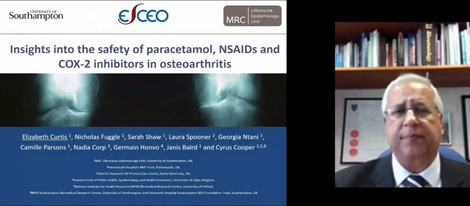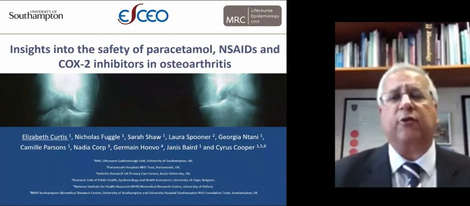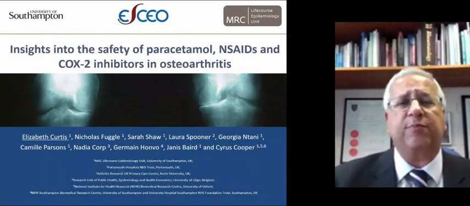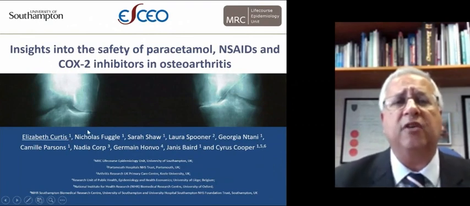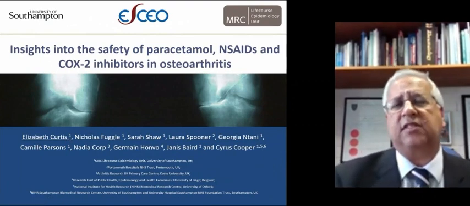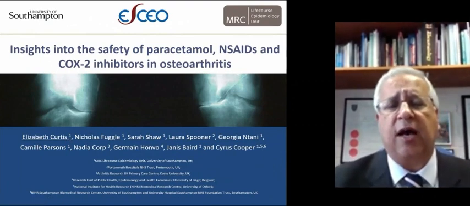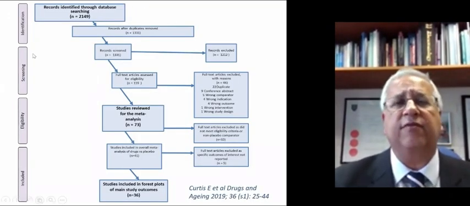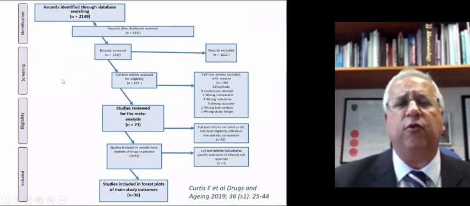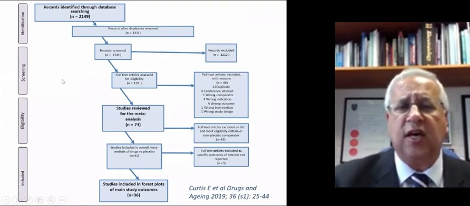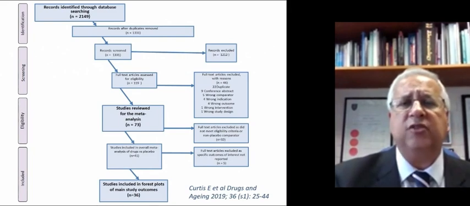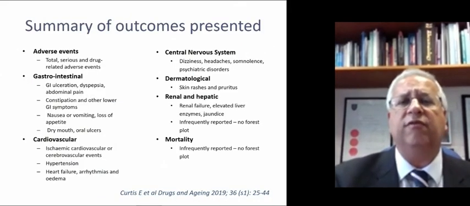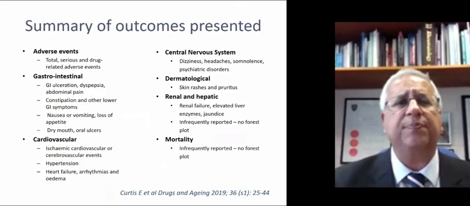So now, just closing out with some of the other unexpected adverse effects which emerged in a more detailed systematic review and meta-analysis that we published in Drugs and Aging a couple of years ago. This took us from 2,149 studies in the literature to our combined group of 73 reviewed within the meta-analysis.